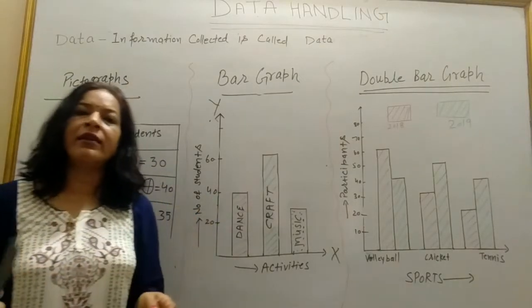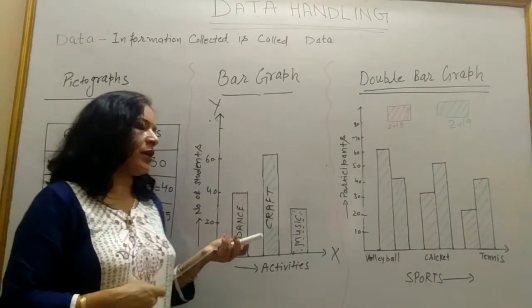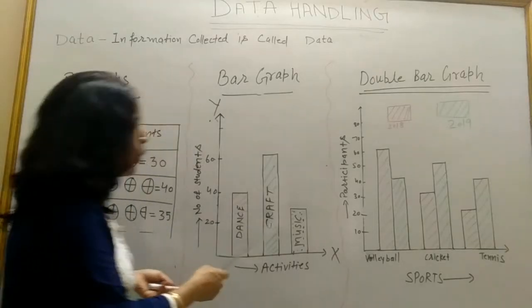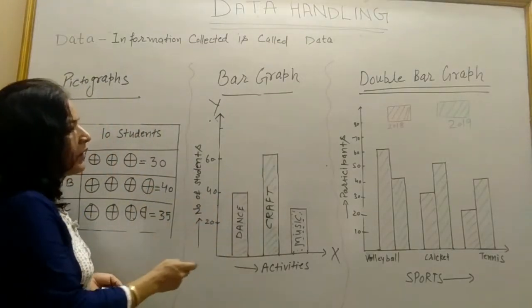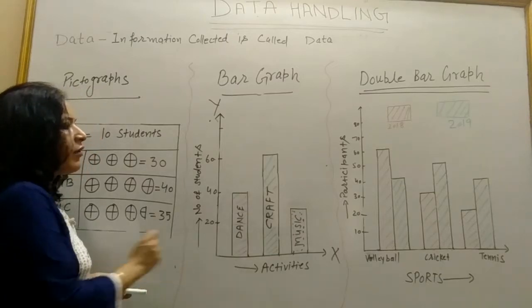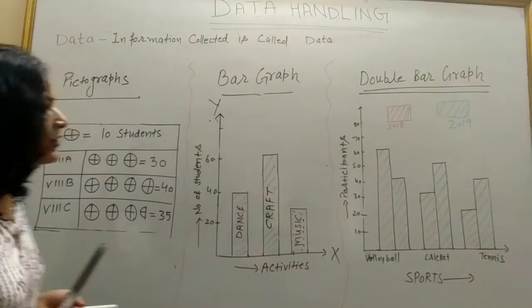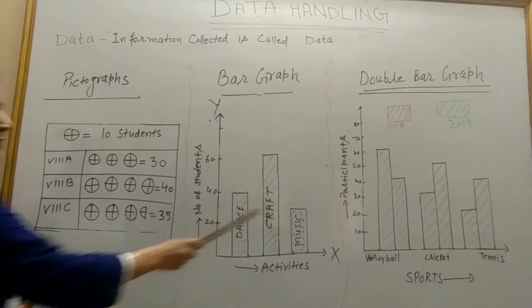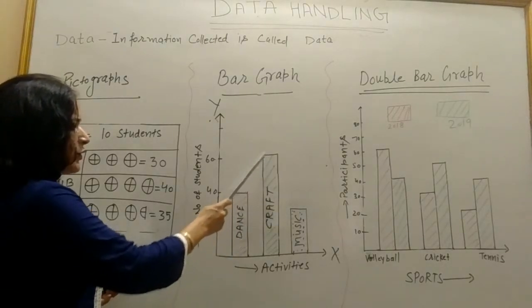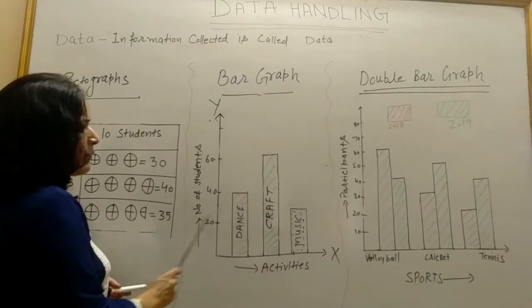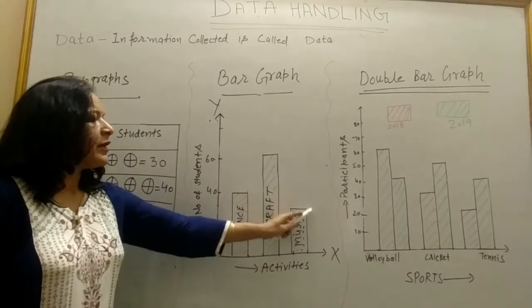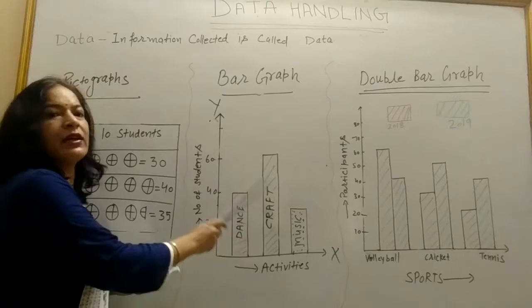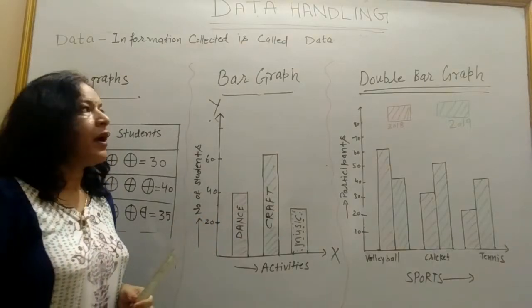No need to read the newspaper or notebooks. You can directly tell 60. Very easy. And which activity is joined by fewer students? Music. Because craft is joined by more students, dance by 40 and music by 30, because the height of this bar is less than the other two.